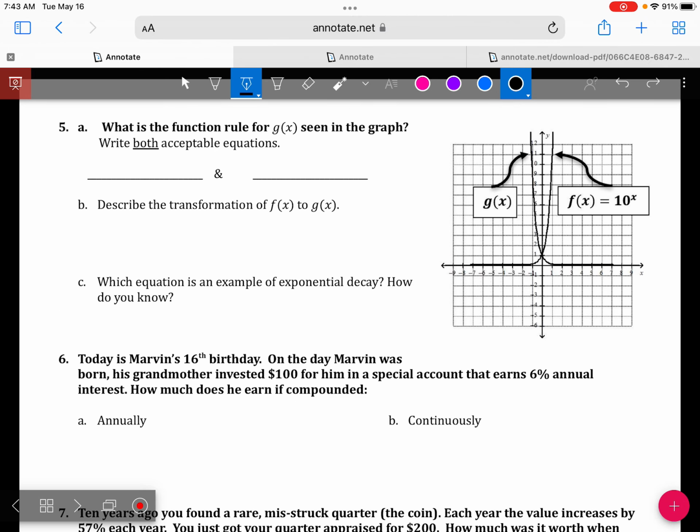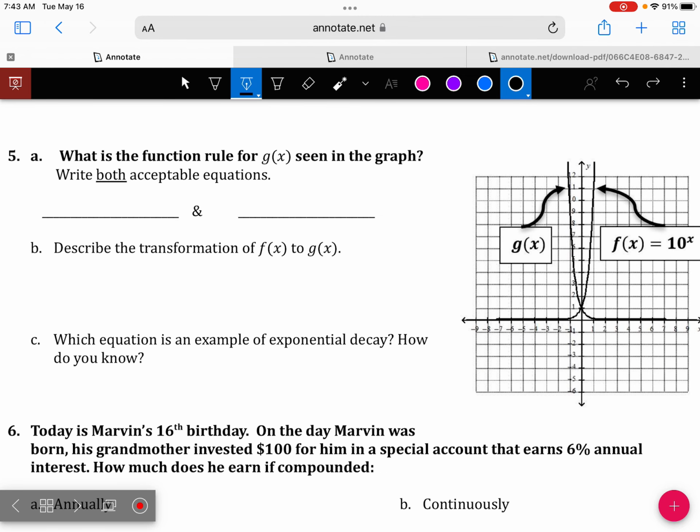Okay. So 5 here, this one is a straight up, do you remember what happens on how we can get that Y transformation, the rotating around the Y axis. And what it is we need to figure out how to change the base without really changing the base.